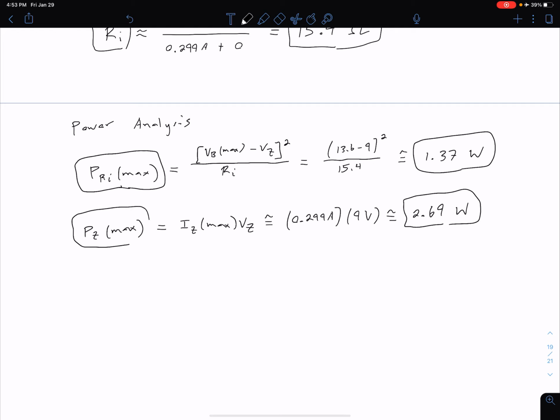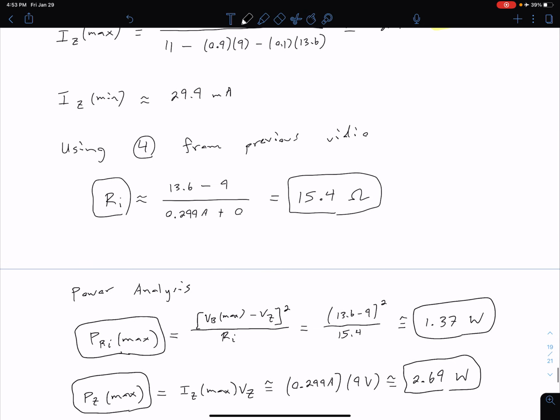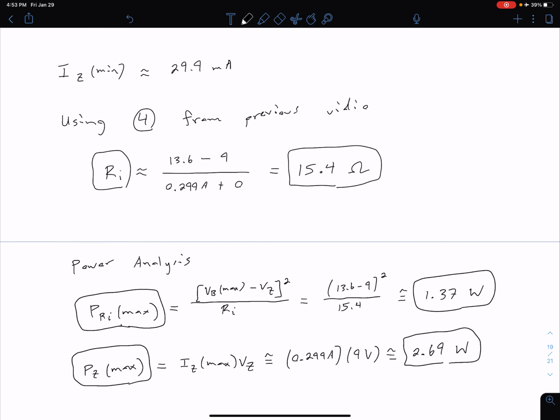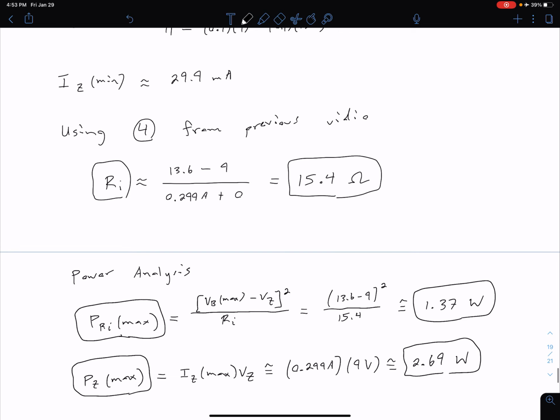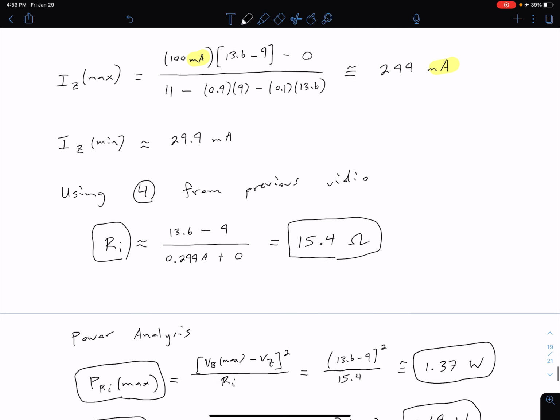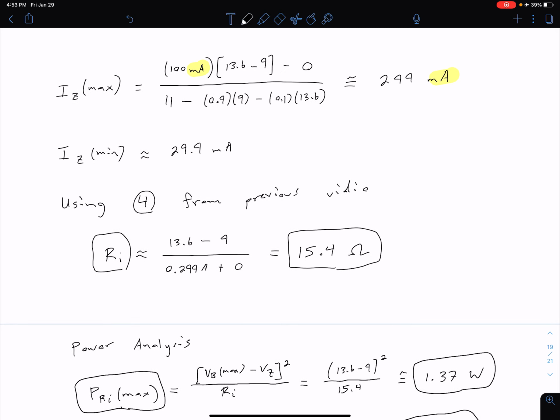As we've said before, you want to be careful not to over-design. Maybe we don't need a Zener diode that can handle 20 watts. But at the same time, we want to make sure that we have some type of safety margin in case it goes a little bit above that during normal operation. Hopefully this example has given you a better idea of how to use that equation for our Zener diode regulator.